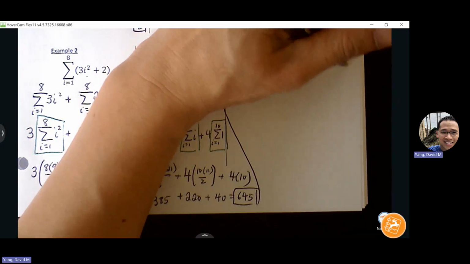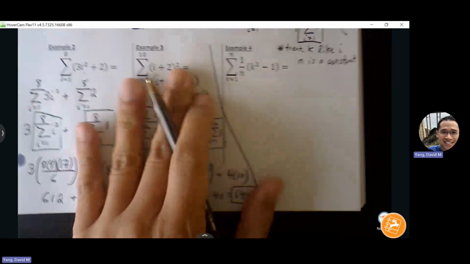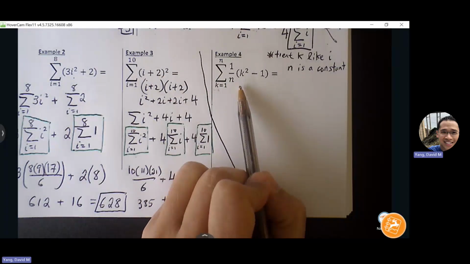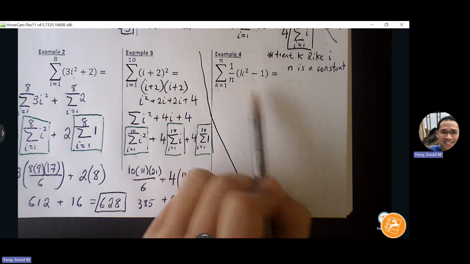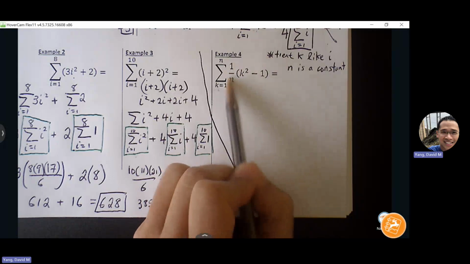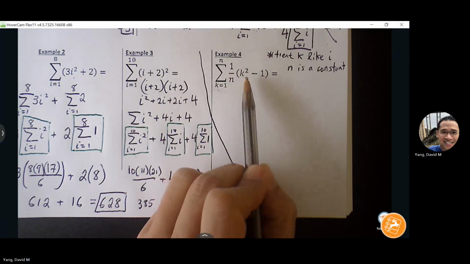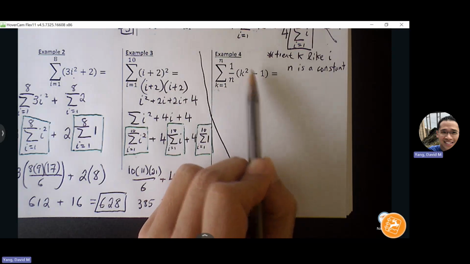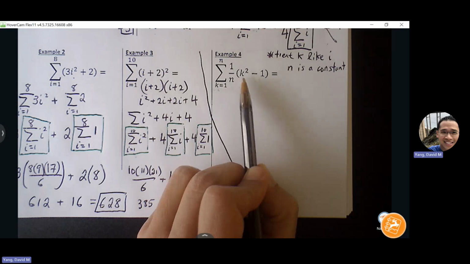It could be a 3, it could be a 4. So by the end of the problem, we still have to have n's in our answer, because we're not going to be able to resolve n. But instead of I squared, we'll think in terms of k squared. It's the same idea.